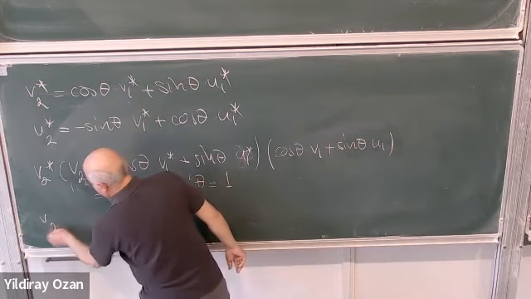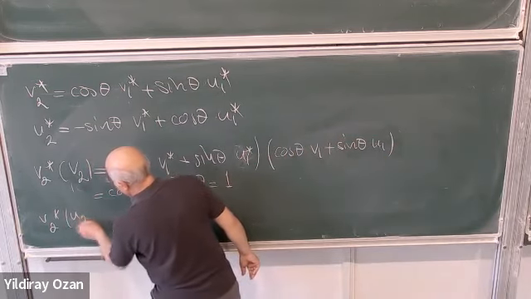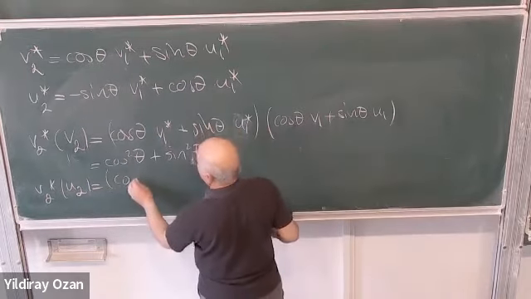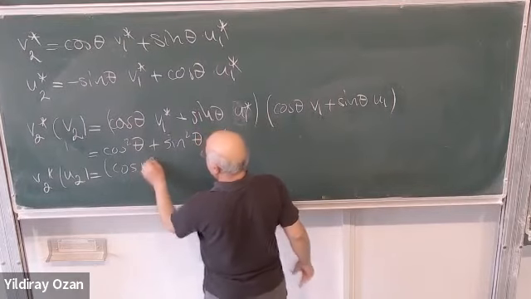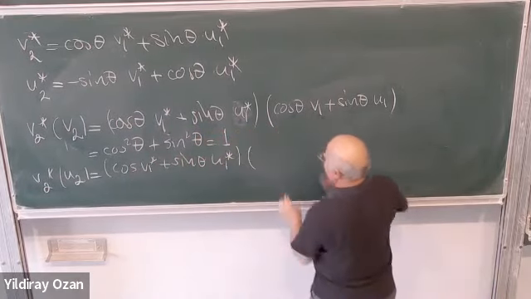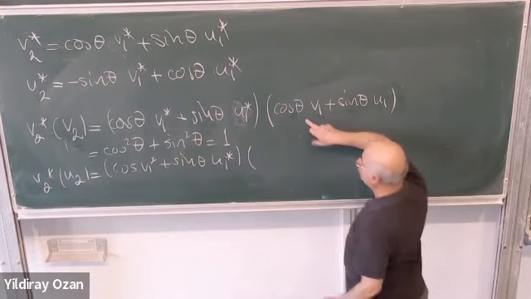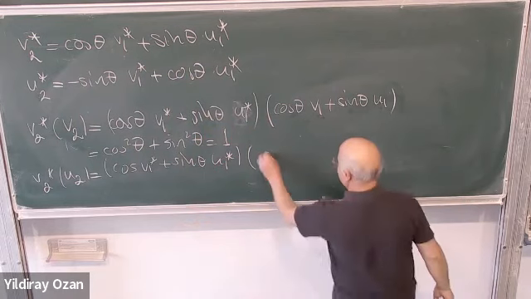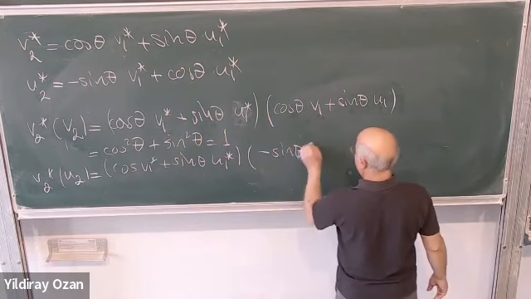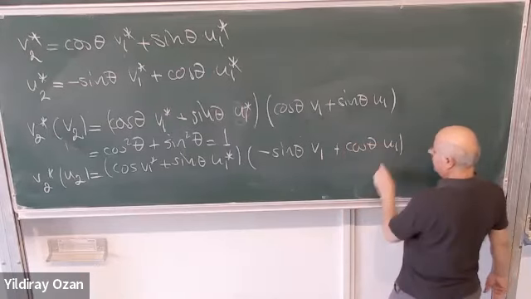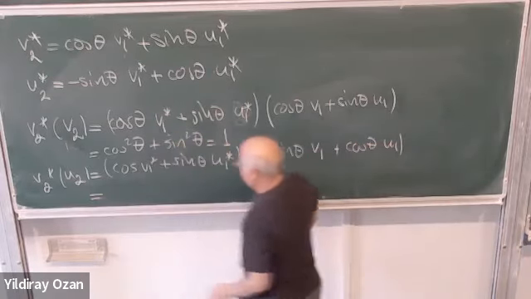What about V2 star evaluated on V2? Well, cosine theta V1 star plus sine theta U1 star, and then I'll write U2. What is U2? U2 is minus sine theta V1 plus cosine theta U1. So what is the result?